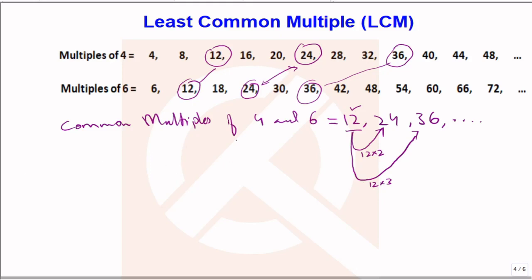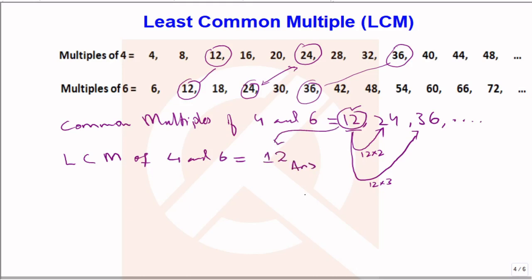That's why we can predict the next number. Now the least common multiple, I am writing in short form: the least common multiple of 4 and 6 is the smallest number, which is 12. So this is our answer.